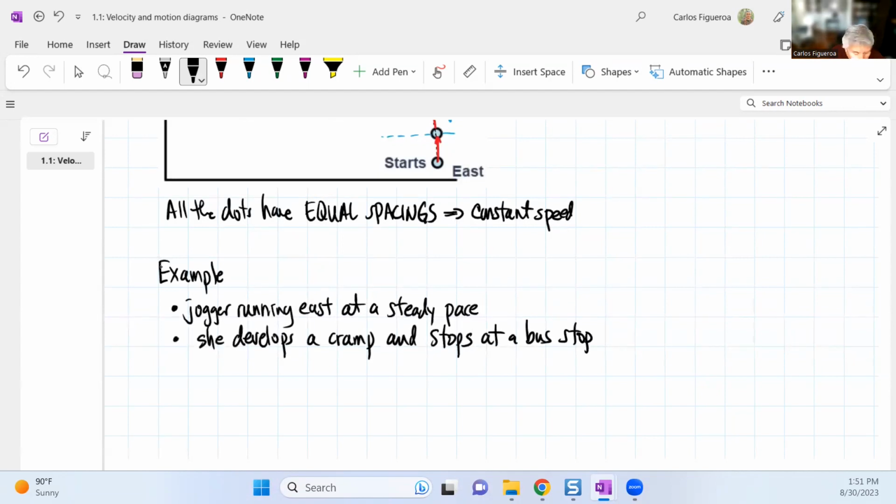So as you have this cramp in your leg, it turns out that you can stop right away because the bus stop is right there. Now, what you're going to find here is that she gets on the bus heading west.